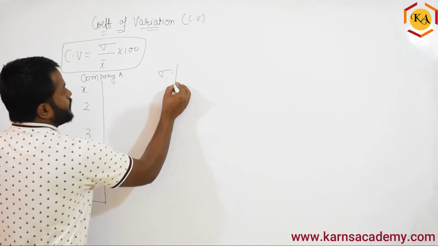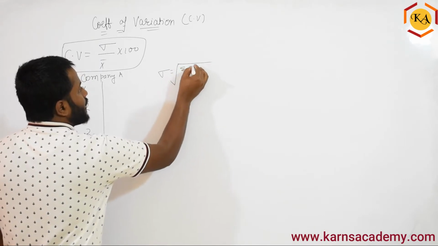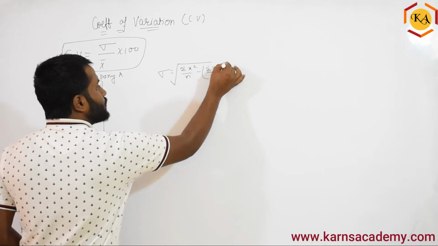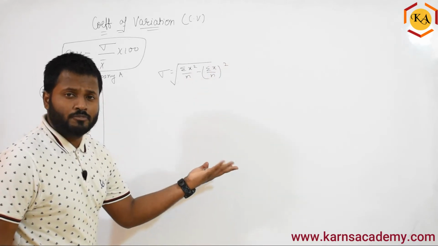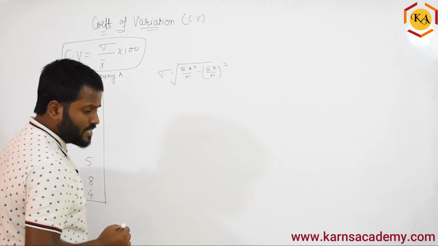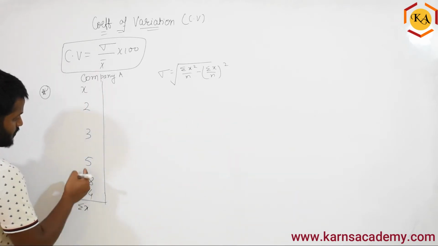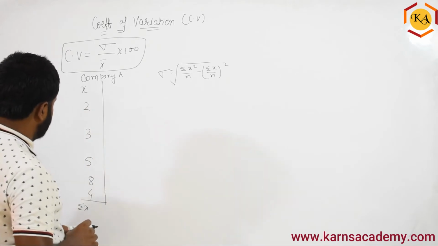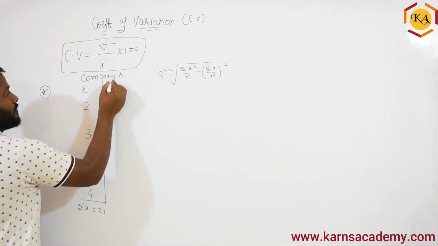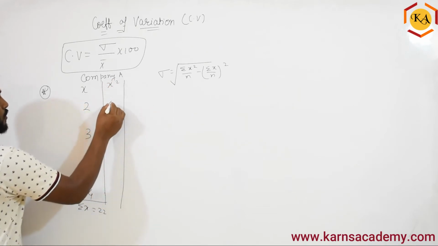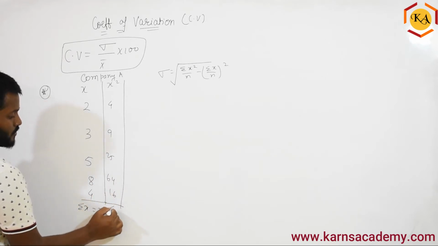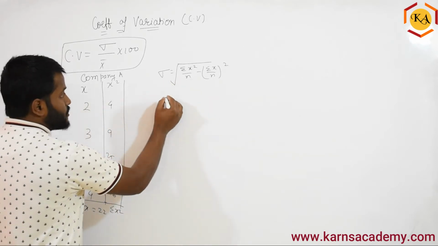So sigma is nothing but the square root of summation x square by n minus summation x by n the whole square, or you can use the other formula, whichever you're comfortable with. Summation x I can get from here, which is 22. I can directly find x square: 4, 9, 25, 64 and 16. Summation x square is 118, which I can substitute directly.